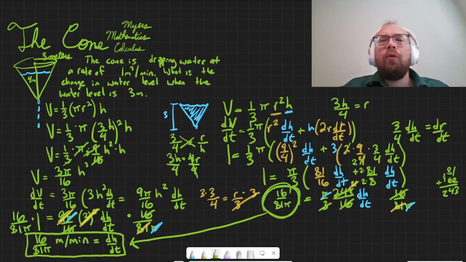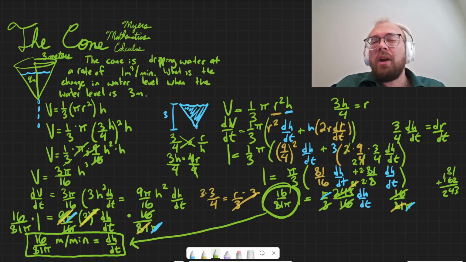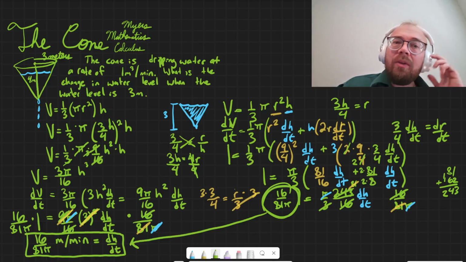If you forget to create that second equation, you're going to end up with some extra variables, dh dt and dr dt, and then h and r, that we really kind of need to use that separate equation for. So sometimes you just have to use more than one equation. You don't have to use them in only one specific way.